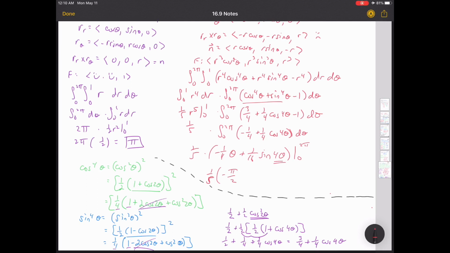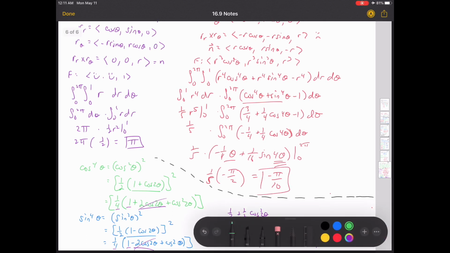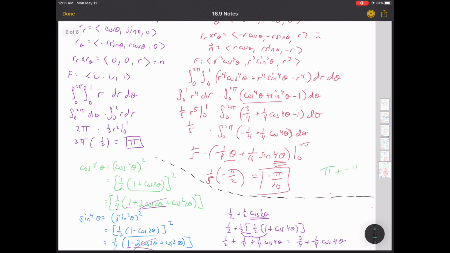Plugging 2 pi into here is going to give me sine of 8 pi. That's 0. Plugging 0 into both of these is going to give me 0. So I get 1/5 times negative pi halves, which is negative pi tenths. And when I add pi plus negative pi tenths, we get 9 pi tenths.